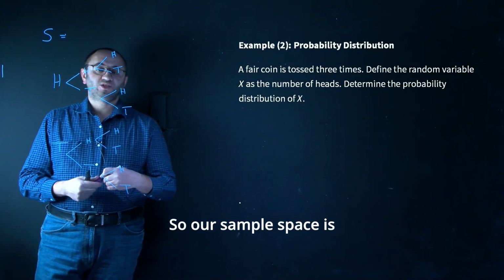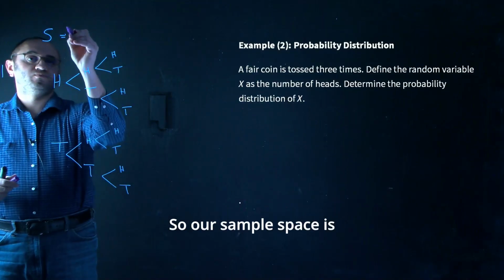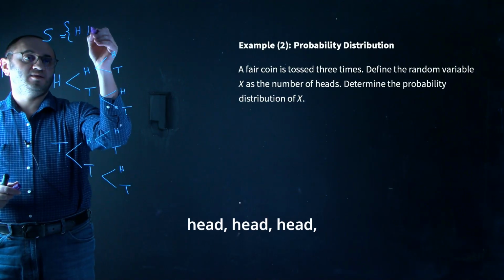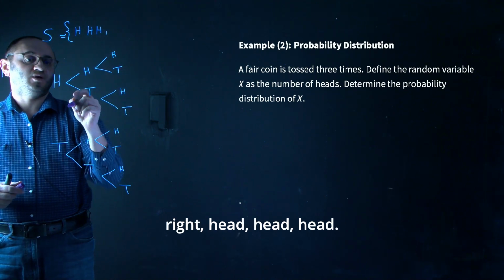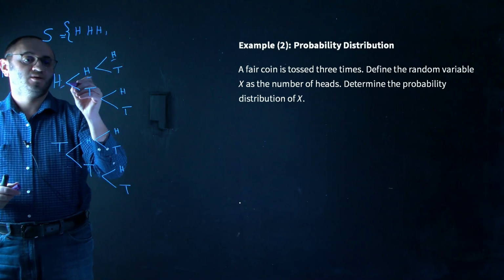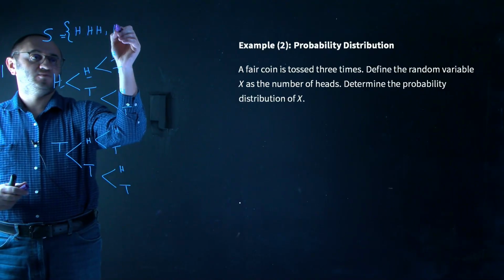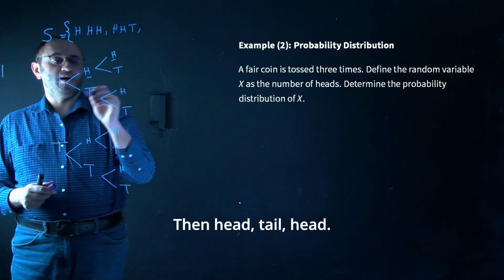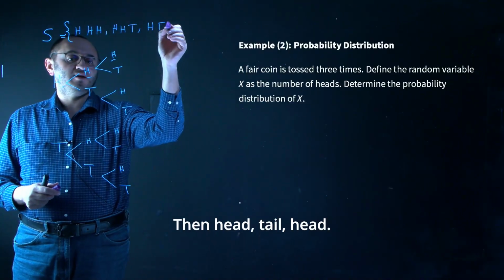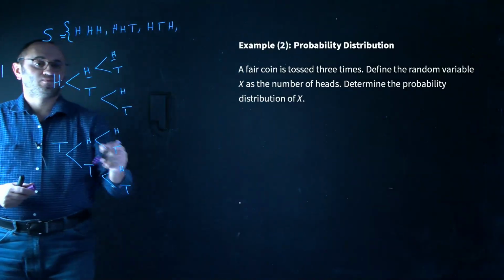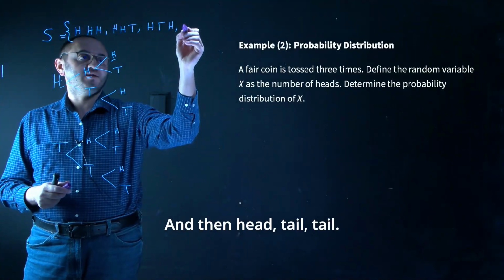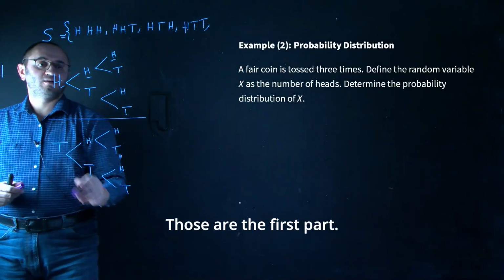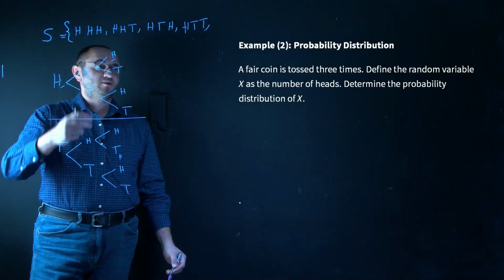So our sample space is head, head, head; head, head, tail; head, tail, head; and head, tail, tail. Those are the first part.